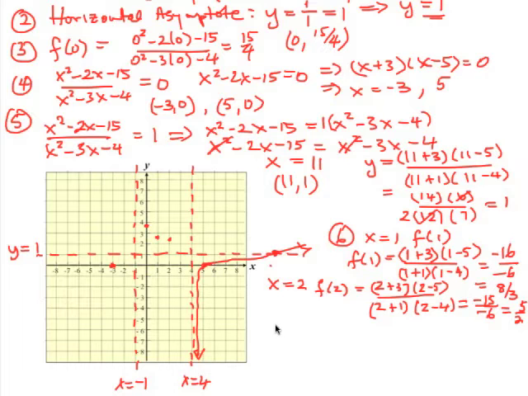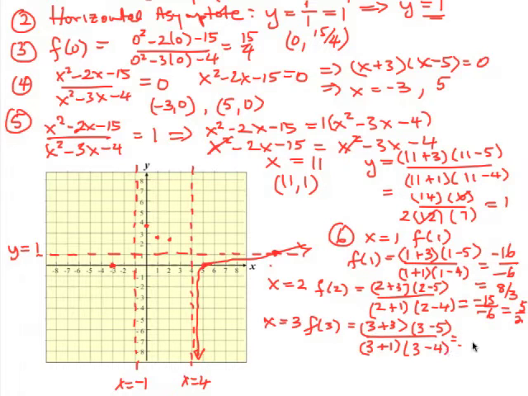And of course if we do x equals 3, then f of 3 will be 3 plus 3 by 3 take 5 over 3 plus 1 and 3 take 4. Okay, so we end up with 6 here times negative 2, which will be negative 12, and we'll have 4 times negative 1, which will be negative 4, so I end up with that being 3.